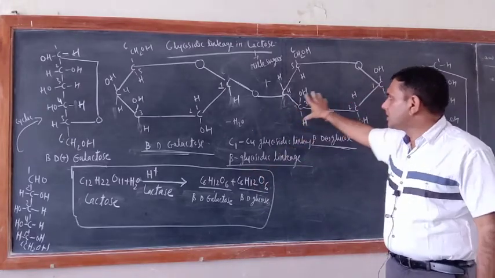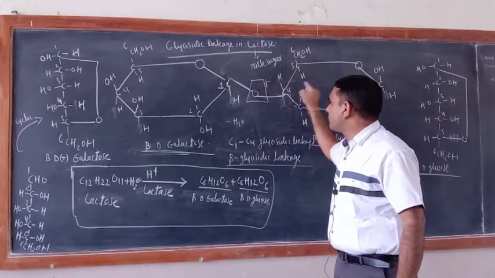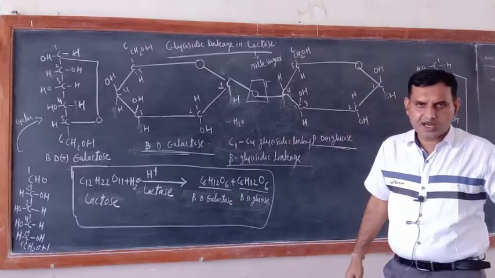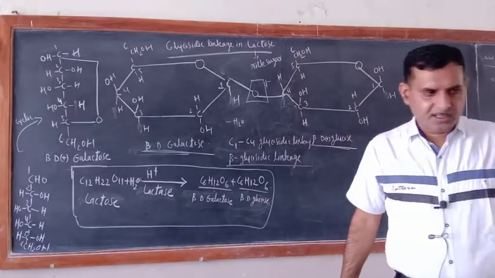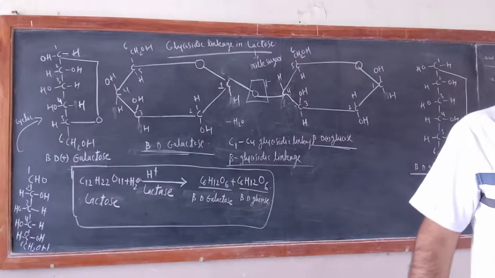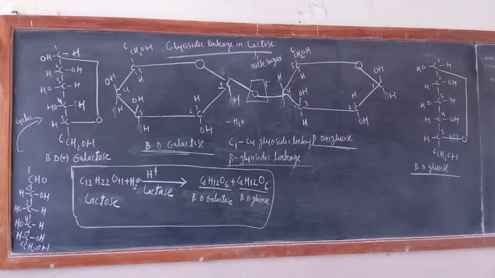Now just see this. So this divalent oxygen, this is holding two monosaccharide units together in lactose. Over. So in this way the disaccharide glycosidic linkage is over. 3 examples are given and all the 3 examples I have covered. Okay, beta D galactose, beta D glucose.